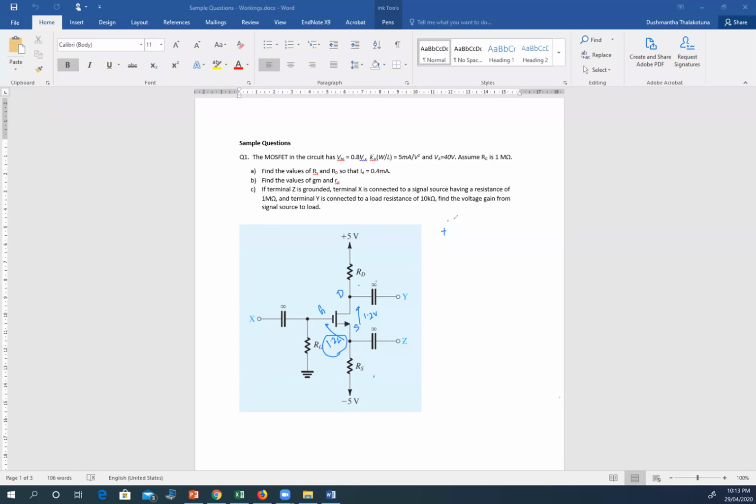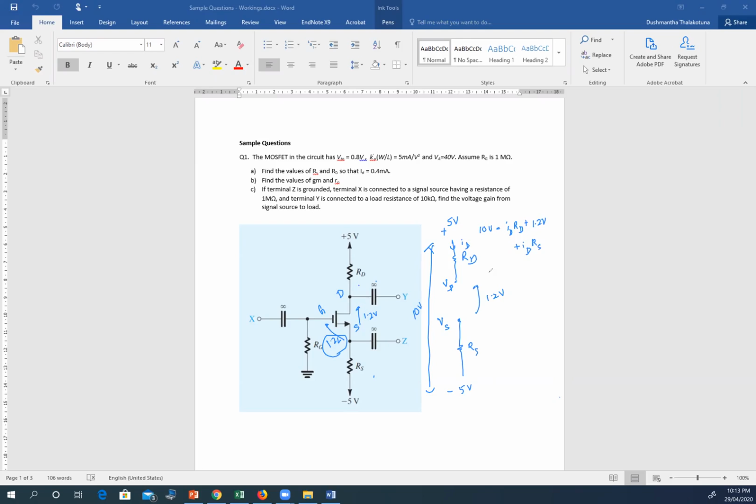Now, if we go by that rule, we will have this 5 volt, and then you have a RD, and that's VD, and then you have V source, then you have a RS, and that's minus 5 volt, and that gap is 1.2 volt. So altogether that is a 10 volt gap. So you can write 10 volt equals the current through this, ID RD, plus this 1.2 volt, plus ID RS.